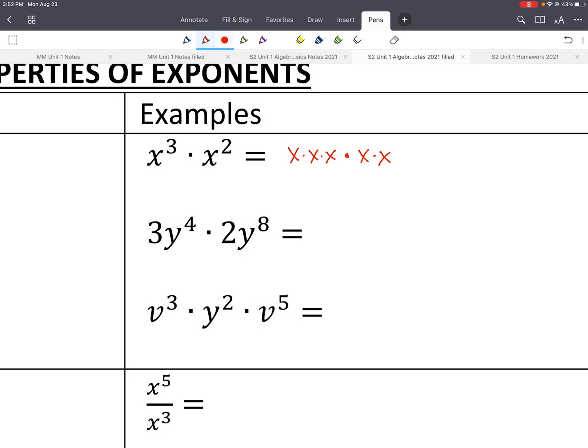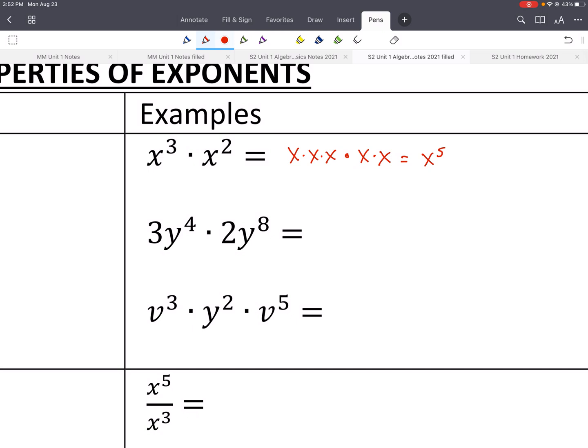So if we add all those up, how many x's are there? Well, that is x to the fifth. Again, that's what exponents tell us: how many times we multiply the base. We multiplied those x's 5 times, so x to the fifth.